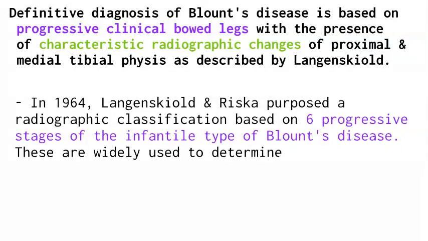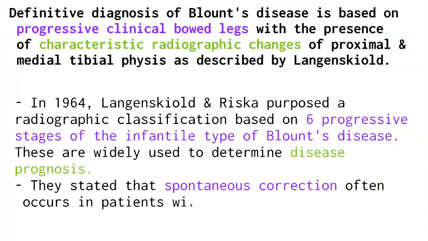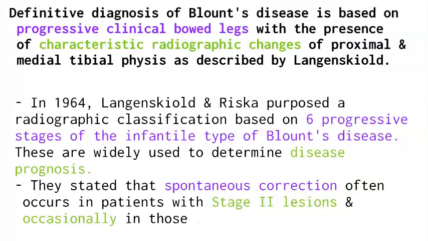These are widely used to determine disease prognosis. They stated that spontaneous correction often occurs in patients with stage 2 lesions and occasionally in those with stage 4 lesions.